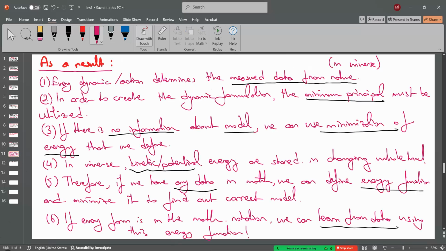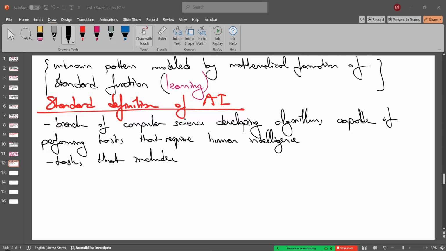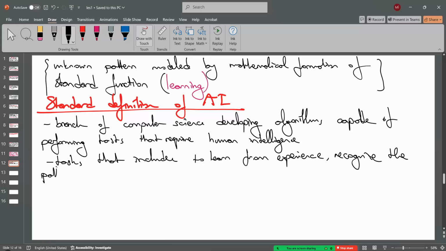So, to learn from experience, recognize patterns, understand natural language, and make a decision.